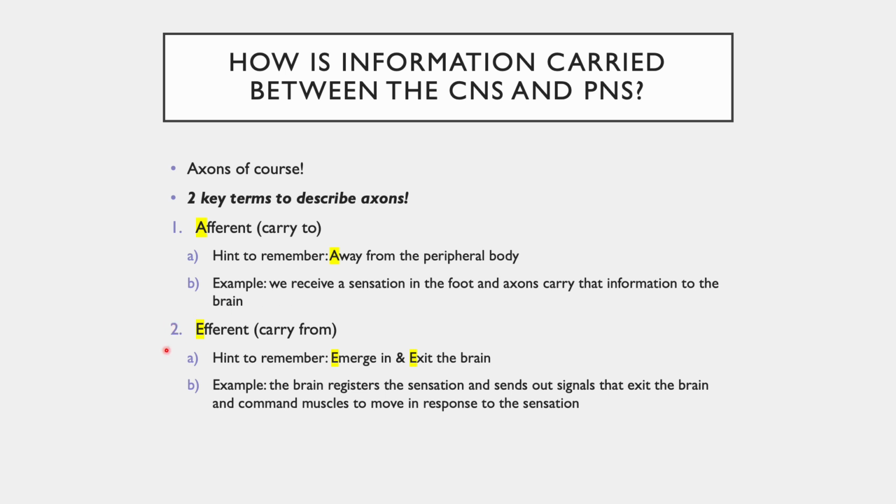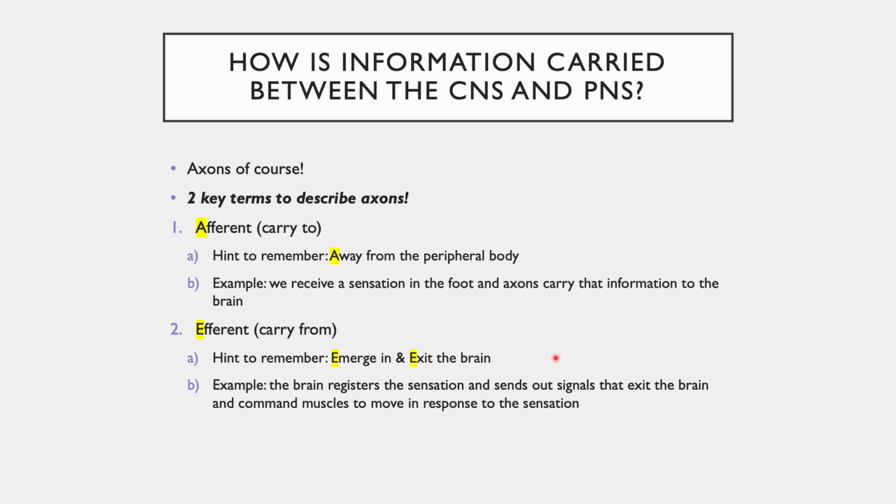Whereas efferent axons exit. They emerge in the brain and they exit the brain. So this is carrying from the brain to the periphery of the body. So after the brain registers a sensation from the dorsal root ganglia, then it's going to send out these messages via motor neurons that exit the brain and command muscles to move in response to that sensation.